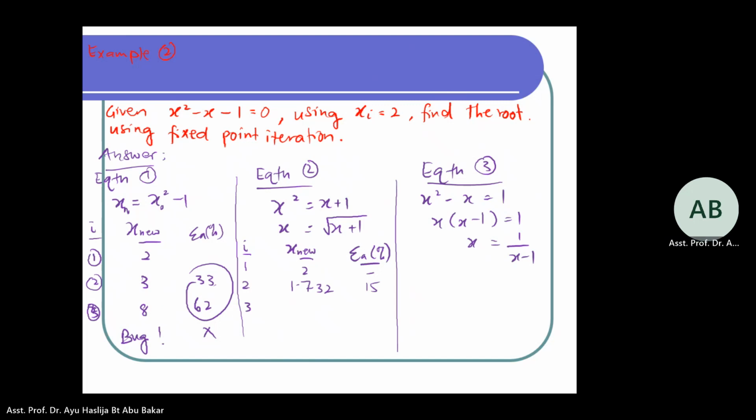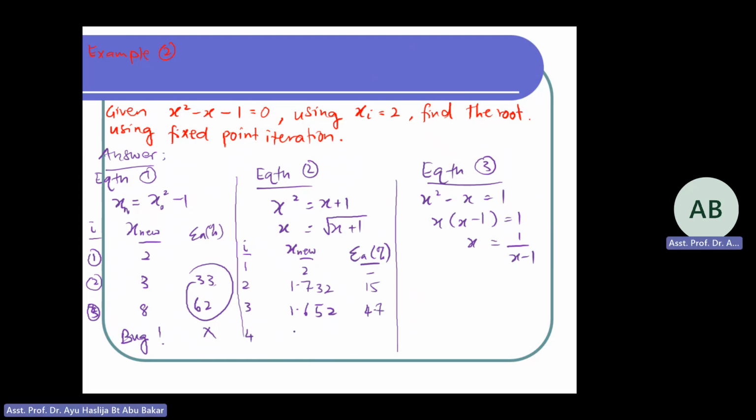The rest? Same. Check with Abbas. Third one, 1.6552. EA? 4.7. Looking good.